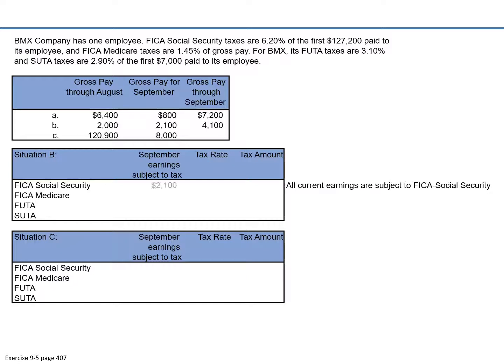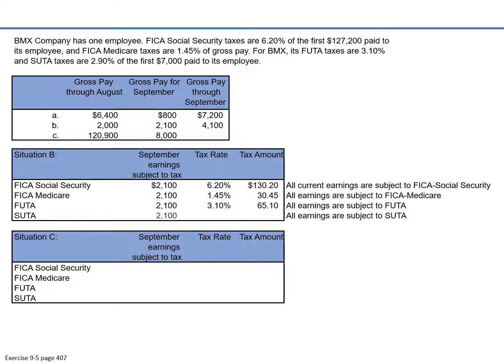So all 2,100 for September times 6.2% is $130. Same thing for Medicare, all earnings times 1.45%, it's $30.45. And then all earnings would be subject to FUTA because we haven't reached that $7,000 threshold. So that's times 3.1%. And then same thing with SUTA. We haven't reached the threshold. Times 2.9% for a total of $60.90.